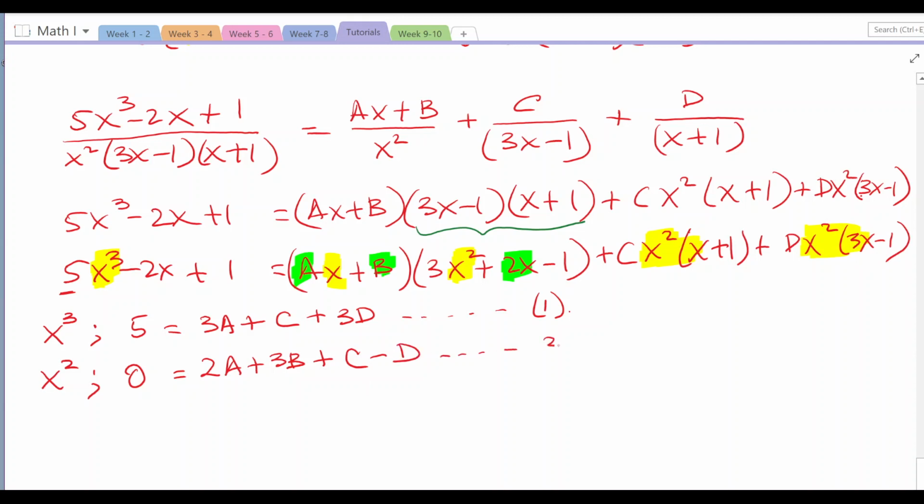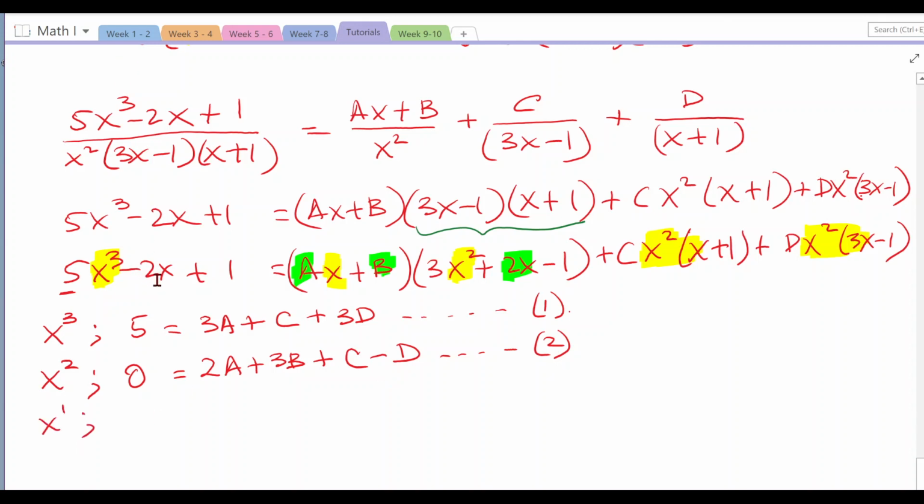So this is our second equation for x squared. Nothing on the left hand side, so we have 0 equals 2a plus 3b plus c minus d. How about x to the power of 1?